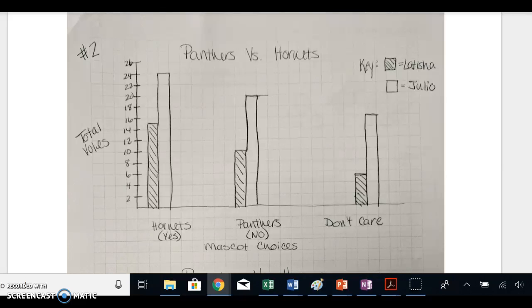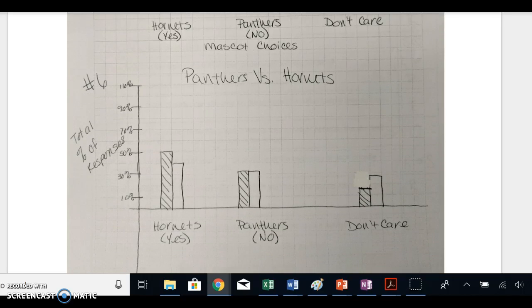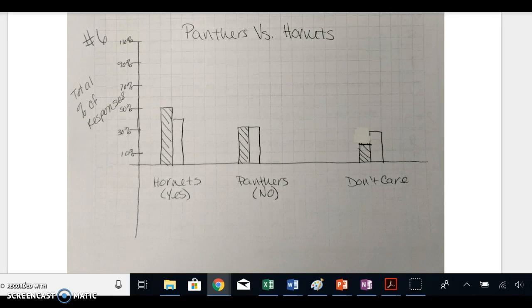So looking at that graph and knowing that Julio definitely surveyed more people, it looks more convincing in one way than the other, versus this relative frequency graph where we had taken the percentages of the people who said yes to Hornets and the percentages of the surveyed who said no to Panthers.